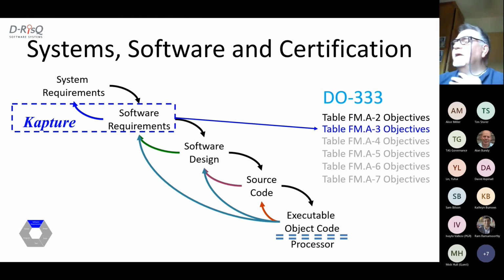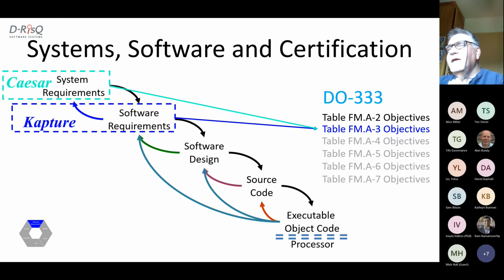So it'll look at the FMA 3 objectives, look at that table again, where we have Caesar looking at the system requirements. At the moment, it's a very laborious check about what the software requirement says and tracing it to the system requirement and making a hand-waving informal argument.